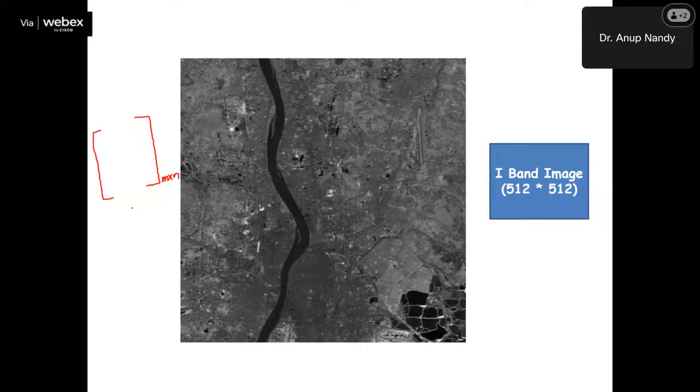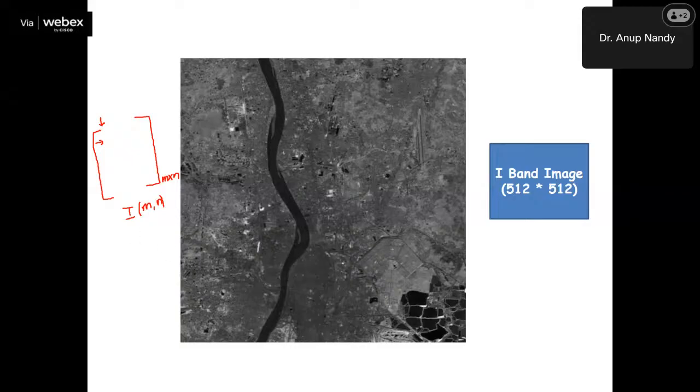So an image I with dimension m cross n is a 2-dimensional matrix, with columns and rows that you can define.